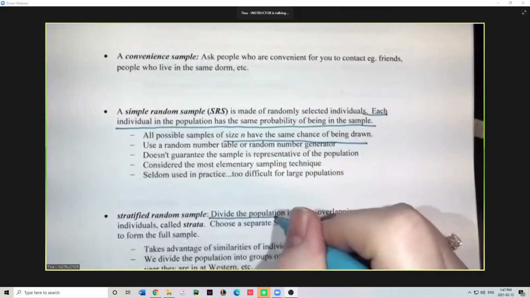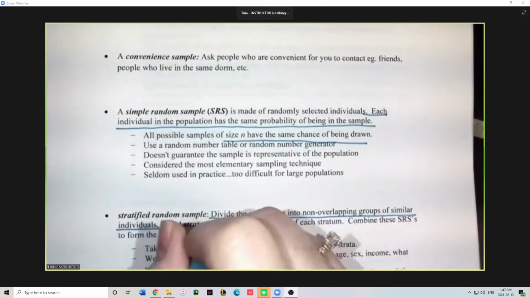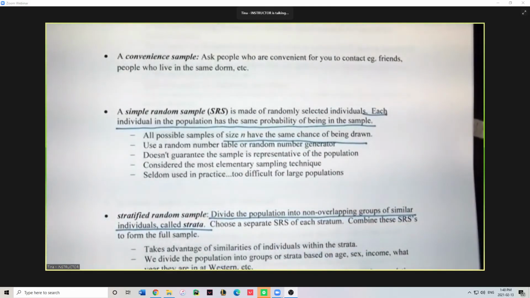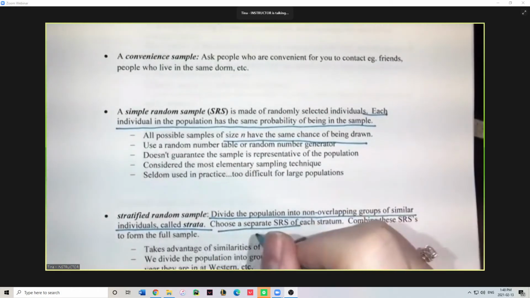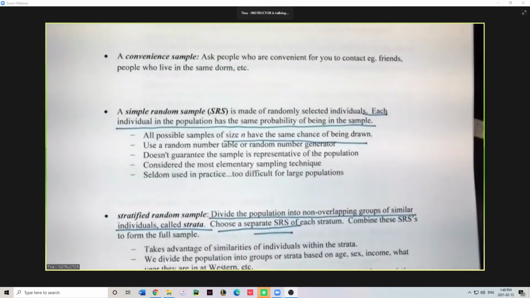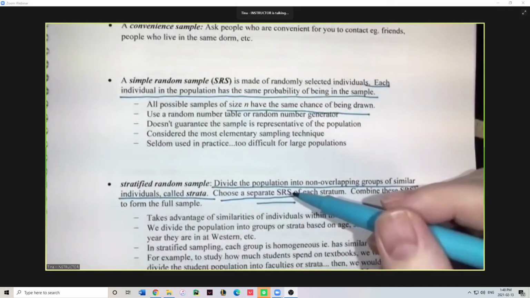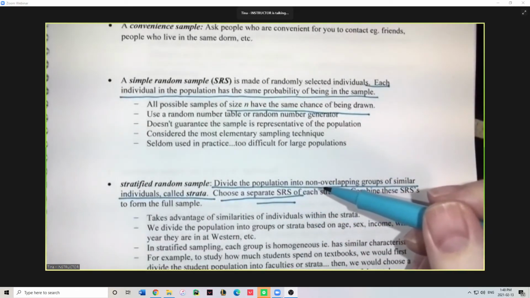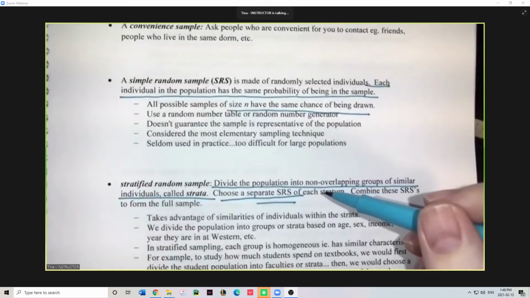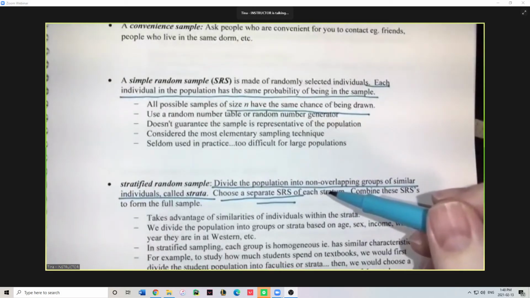Stratify, divide the population into non-overlapping groups called strata. And then the key is you choose a simple random sample of each group or each strata. So that's different than cluster. People mix them up. In cluster, we would randomly select a couple groups and ask everyone in those groups.